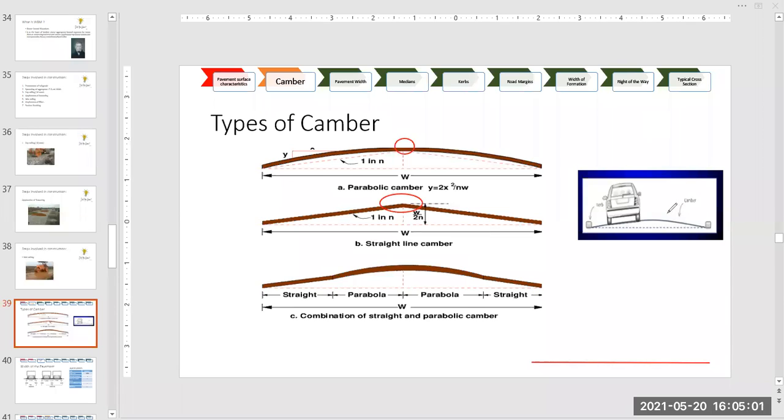For example, you know what they'll do? When I was talking about surveying, the last step after the detailed or the preliminary surveying is that they will put the pegs, right?